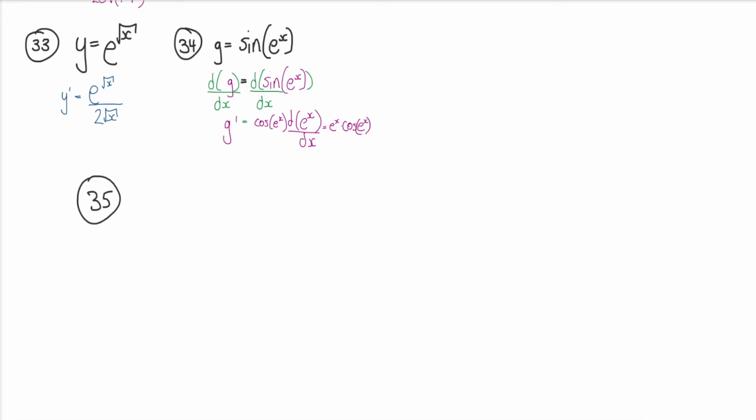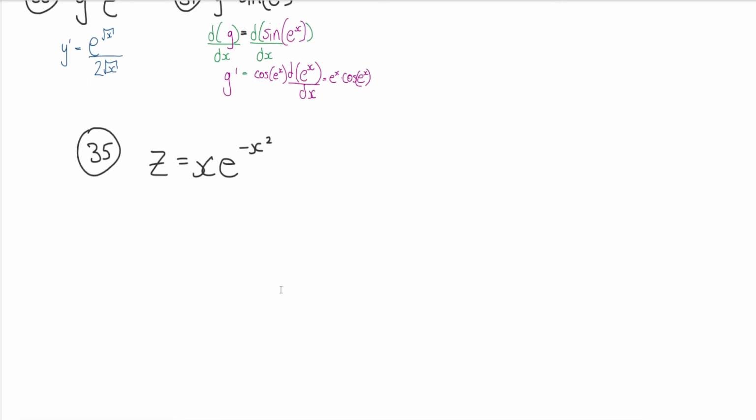So let's say z is equal to x e to the minus x squared. Again, differentiate.